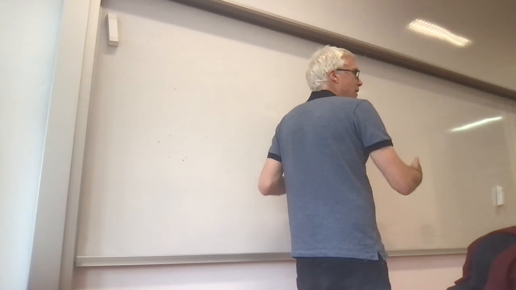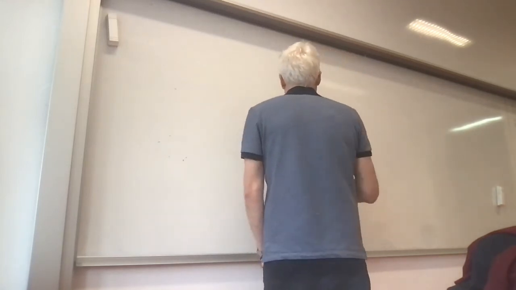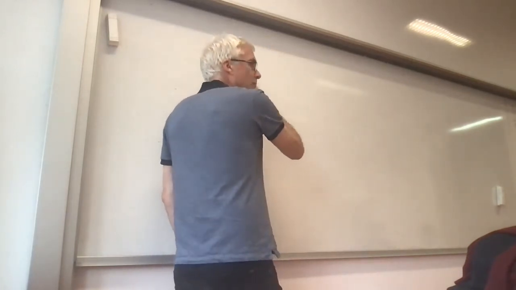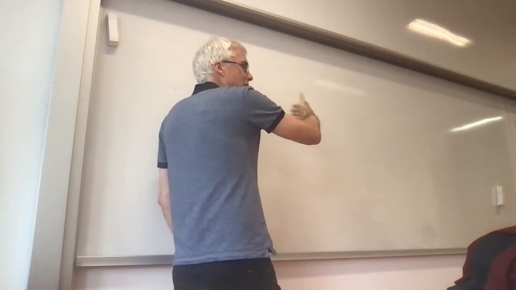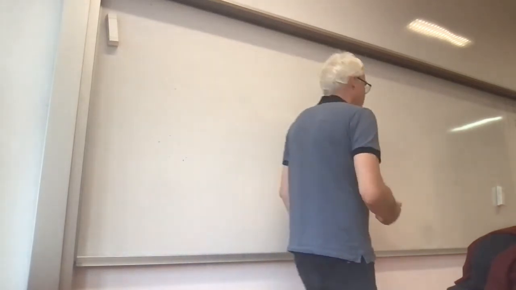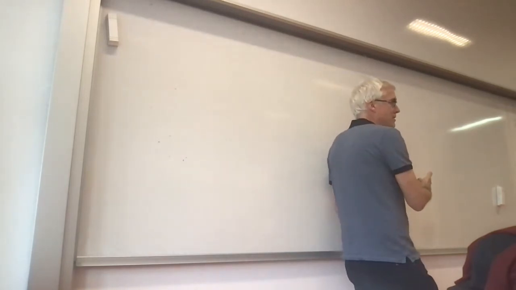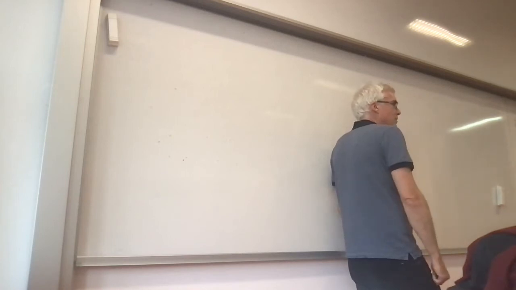So if you have an algorithm that just takes a number of steps proportional to the input size, that's obviously going to be very, very efficient, because you have to give it the input anyway, and if it's only taking a number of steps proportional to it, you're in quite a good situation.